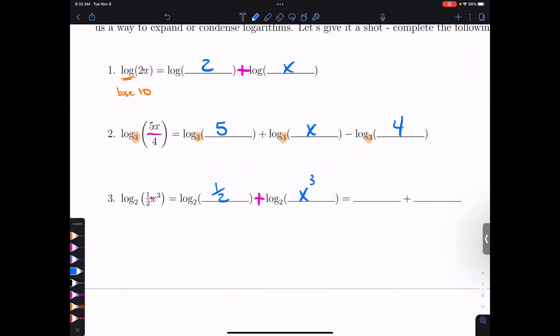It's the reciprocal of 2. If you wanted, we could go on a whole side thing here. That's 2 to the minus 1. So what's the log base 2 of 2 to the minus 1? So that's -1. Can we do anything else with the log base 2 of x cubed?